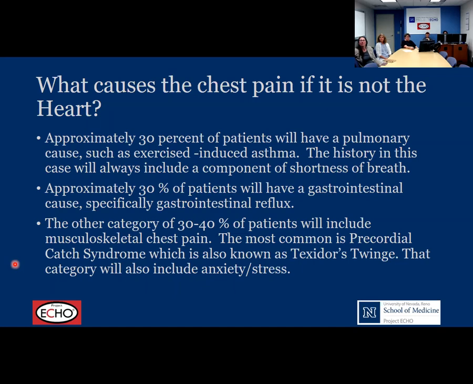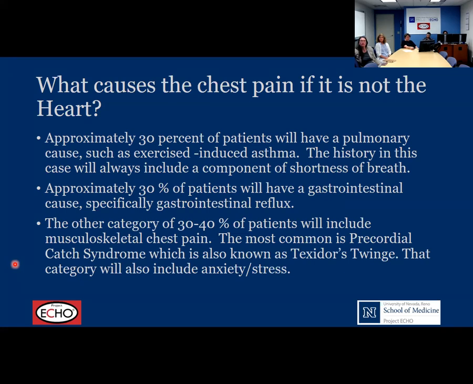The numbers I usually quote to the patients, and this will vary, is about 30% or less will have a pulmonary cause. That history is going to be pretty suggestive. It'll be someone who gets short of breath when they're running and they have chest pain. Those patients may be patients who haven't had it before. They've been athletes and suddenly this year they present with it after playing whatever sport for years.